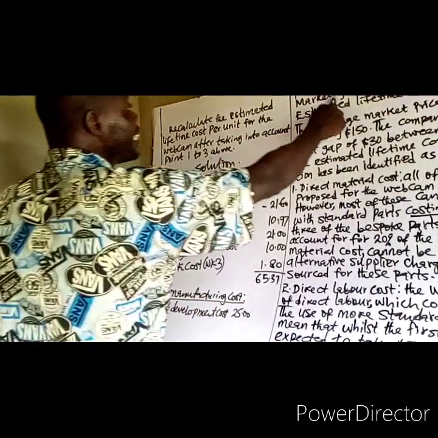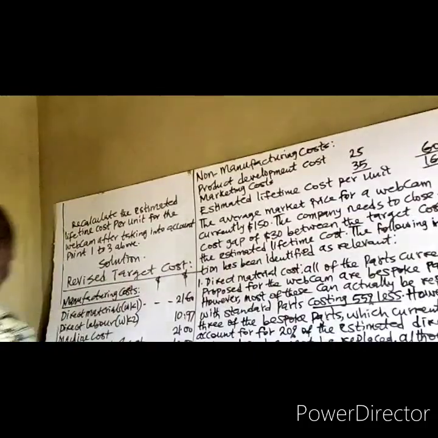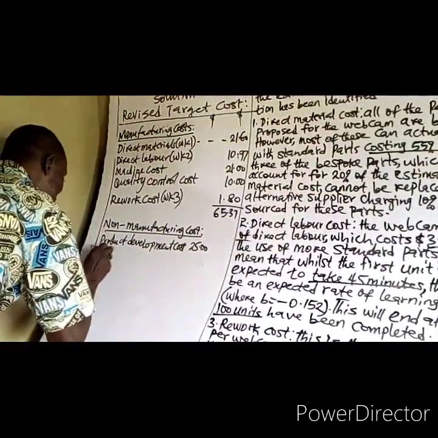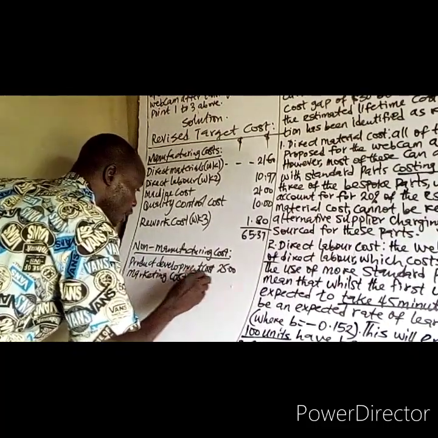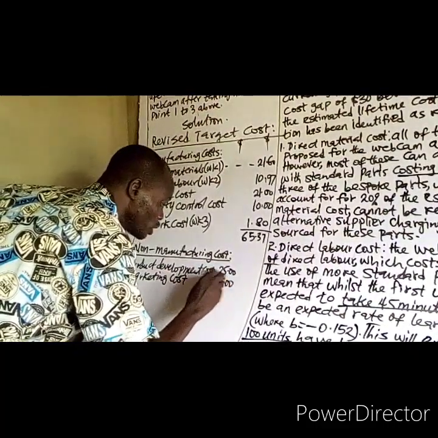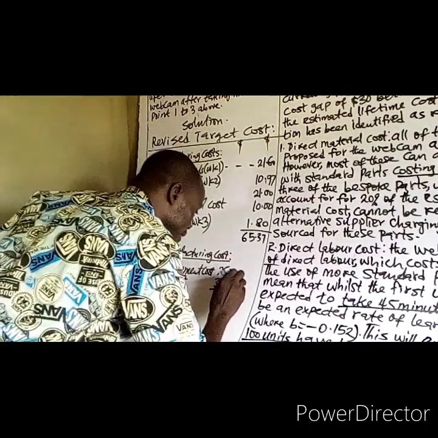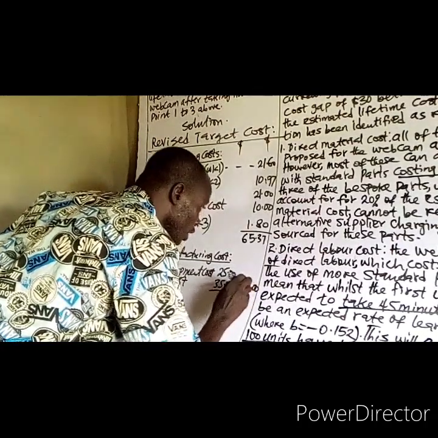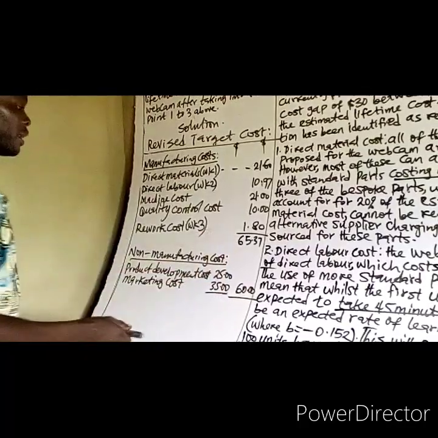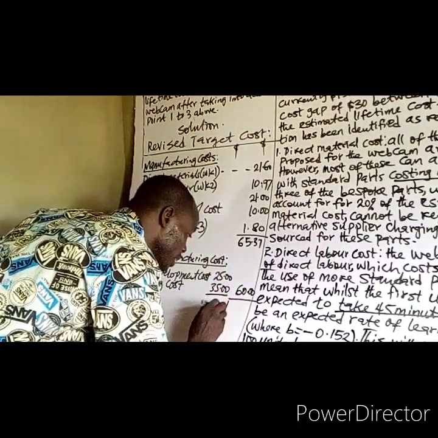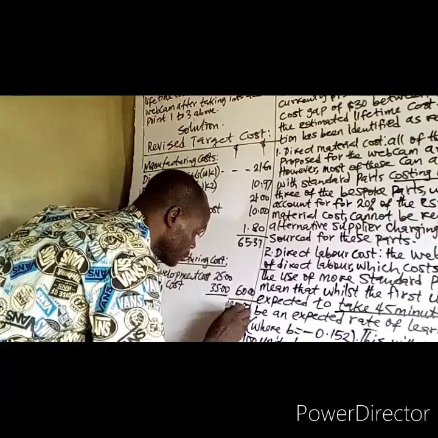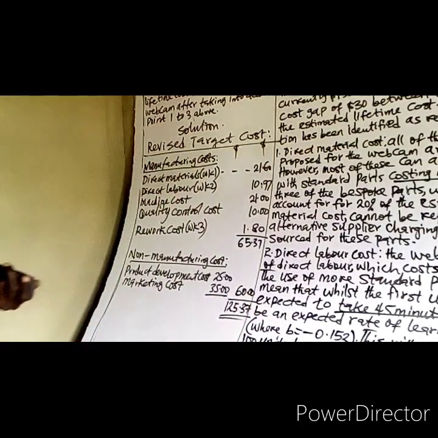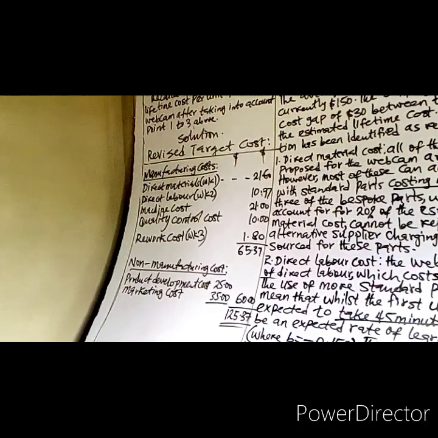We equally have marketing cost of $35. When you sum it up, you have $60. If you add the $60 to 65.37, you will have 125.37. That is the revised target cost.